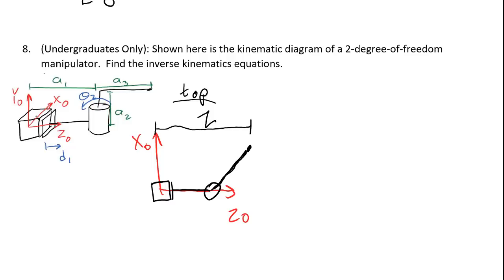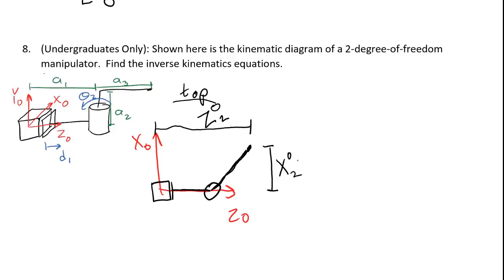Now, in this case, I have frame 0, there's a frame 1 not shown on this second joint, and then frame 2 is on the end effector. So I can call the position of the end effector in Z, Z02. And this distance here is the X position of the end effector in the base frame. Those are the two things I want to use as my input.